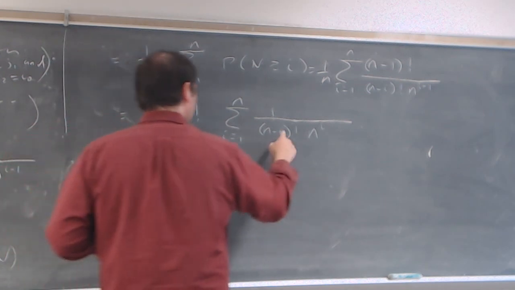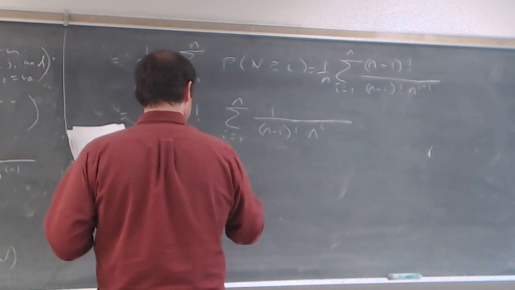What I'm going to tell you is that that's equal to (n minus 1) factorial, which we're just holding on to. If we write this down, this is going to be expanded.